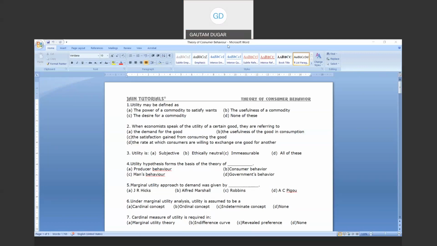When economists speak of the utility of a certain good, they are referring to, yes, the right answer, the satisfaction gained from consuming the good.